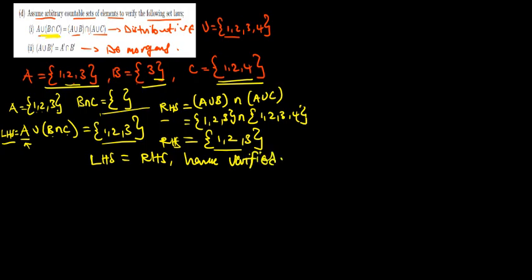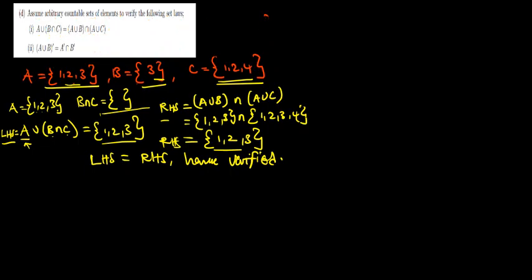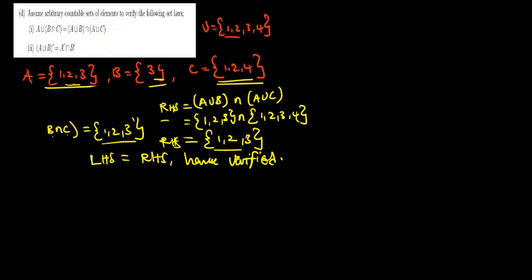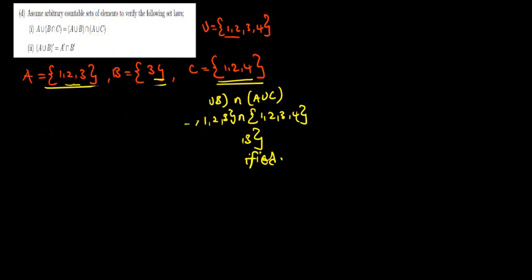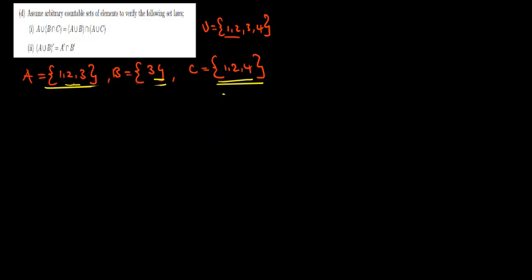Let us verify the second one, which has De Morgan's laws. Let me not erase the universal set. I will erase this part and this part down here. Now let's prove the second one. Let me choose another color.